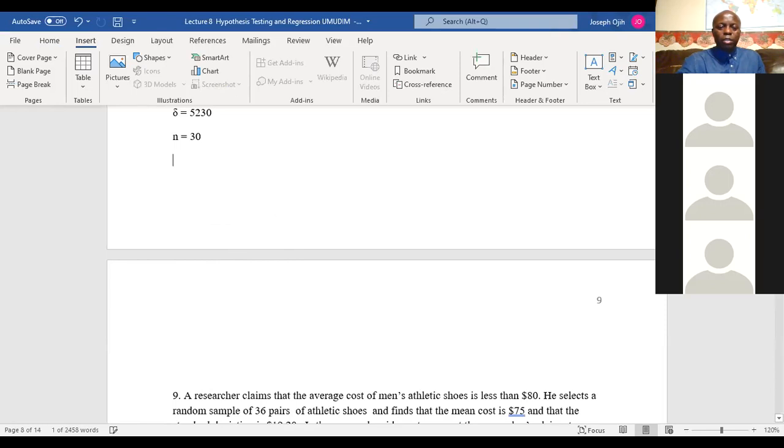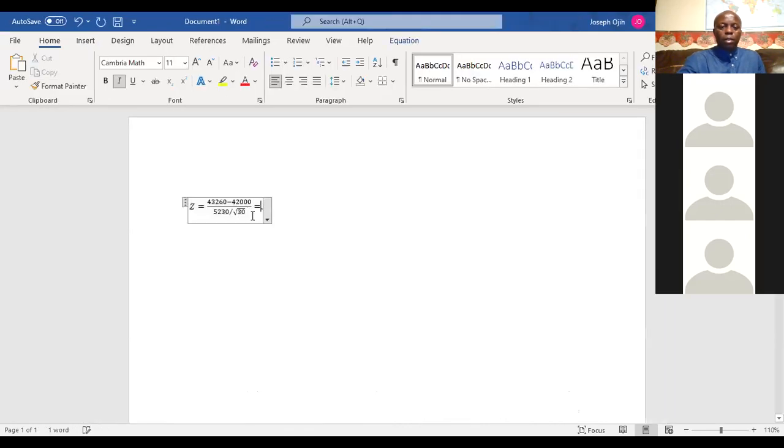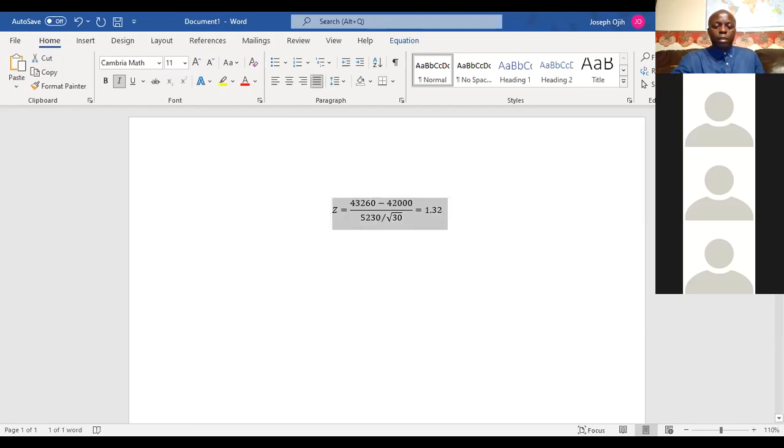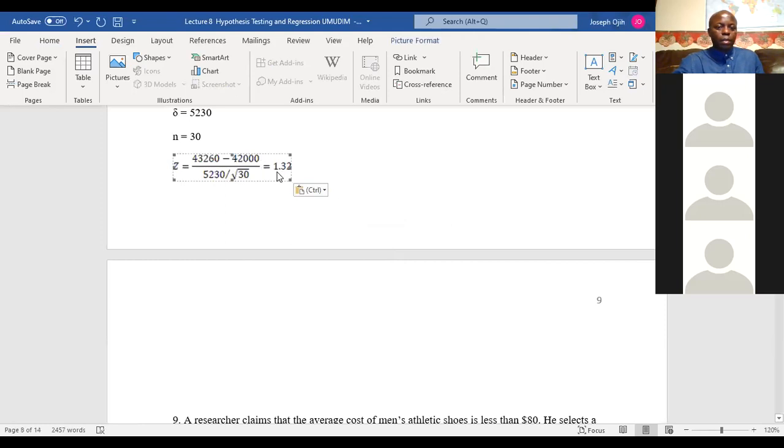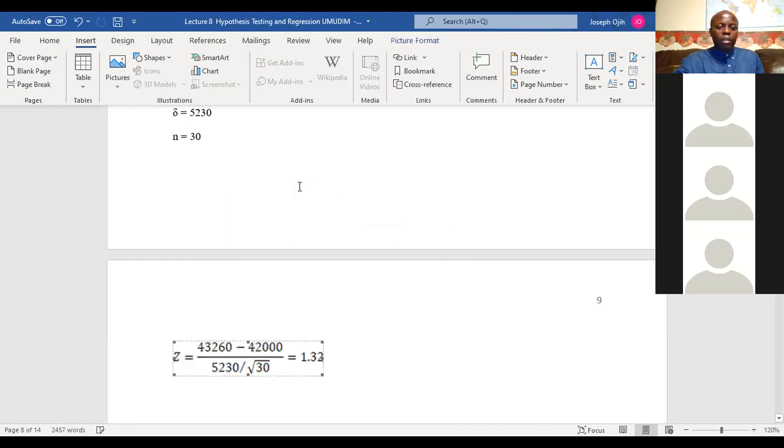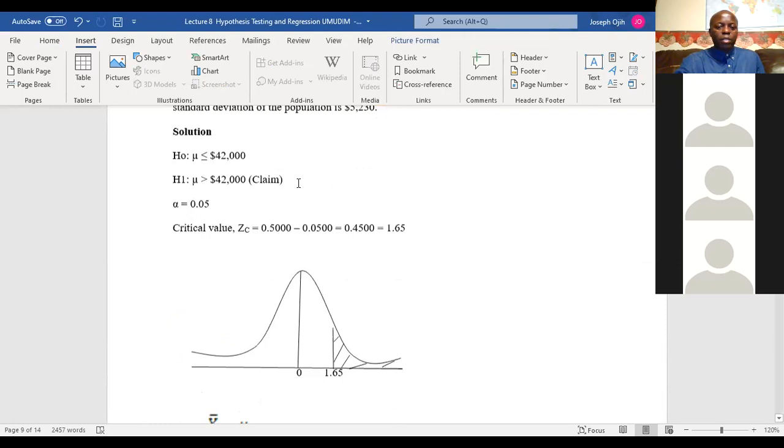The character just slipped through the formatting space. 1.32. Okay, that's better now. So I'm going to go back and paste it here. See? Now we have run the test.